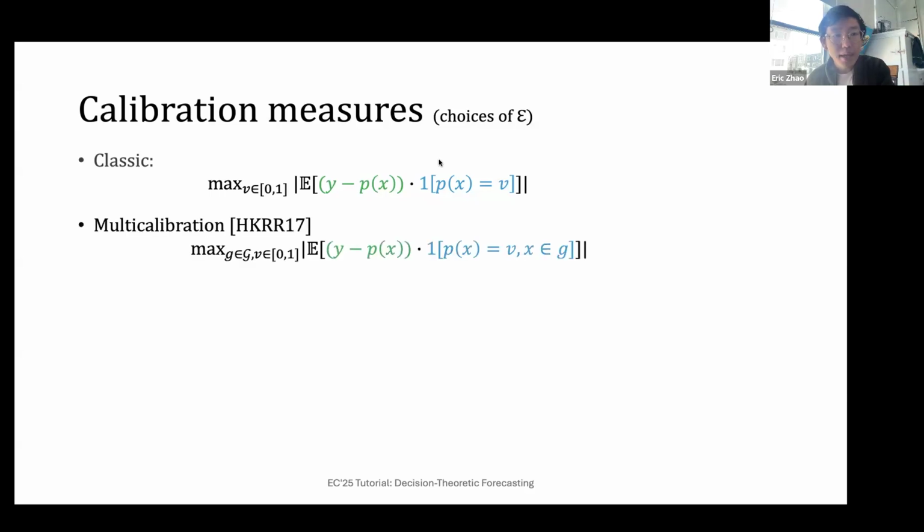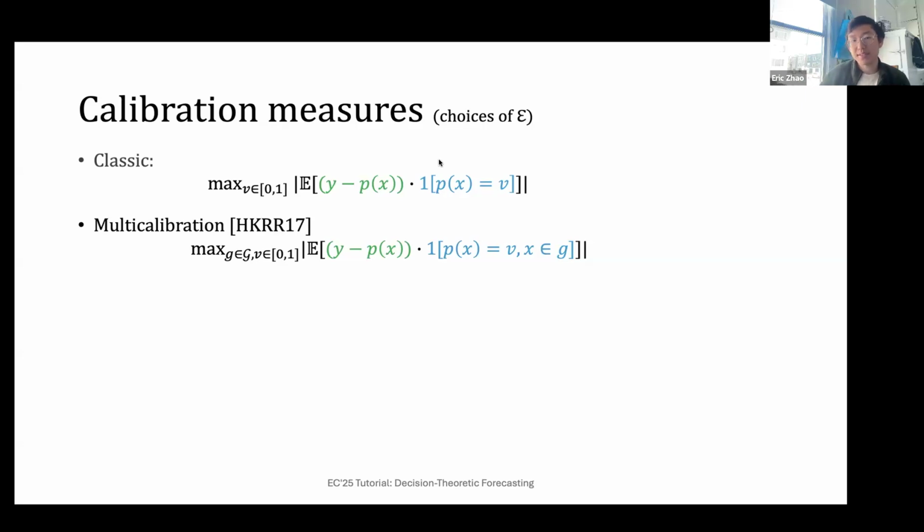A calibration measure that brought a lot of attention back to calibration was multi-calibration. It looks very similar to normal calibration. The only difference is, not only am I asking for my model to be unbiased conditioned on level sets of my predictor, I'm asking it to be unbiased conditioned on level sets of my predictor and my features belonging to certain subsets of the domain.